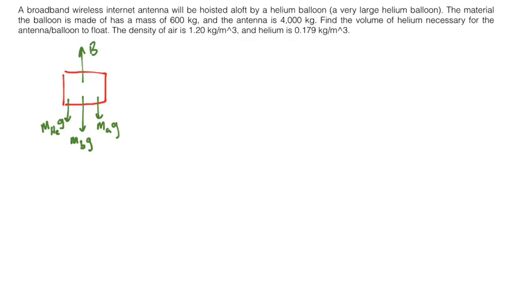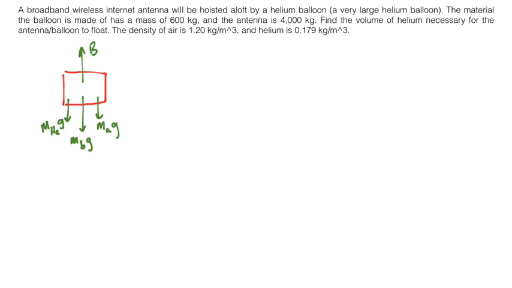All right. I'm pretty sure that's it. I can't think of any other objects. I'm not going to have any students hanging from the bottom of the balloon, hopefully. So I think that's about it, right? So I can go ahead now and write down my Newton's second law relationship. We want all these forces to add up to zero. Again, we're looking for just that static case right at liftoff. We don't want it to be rising up.